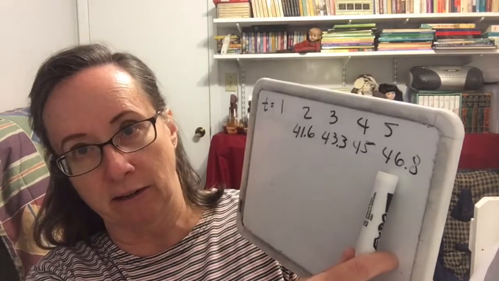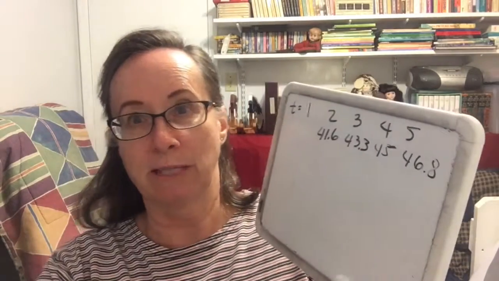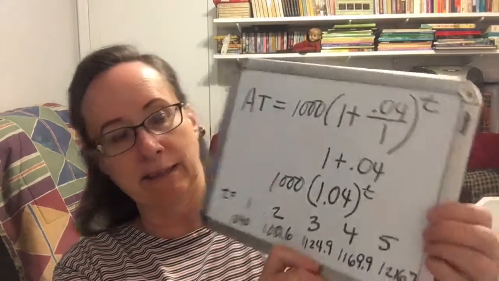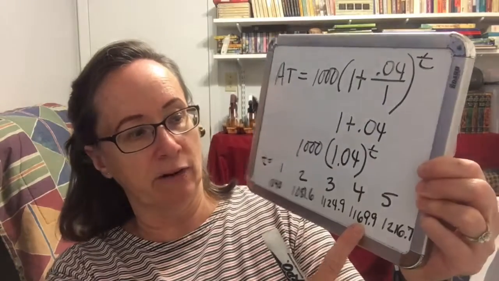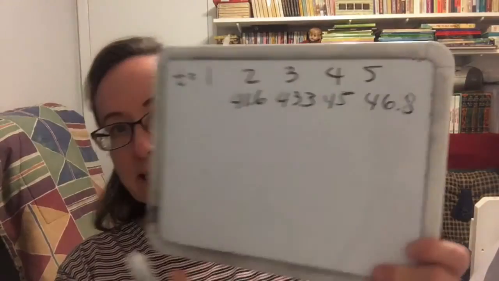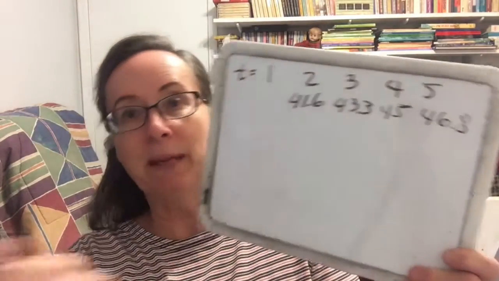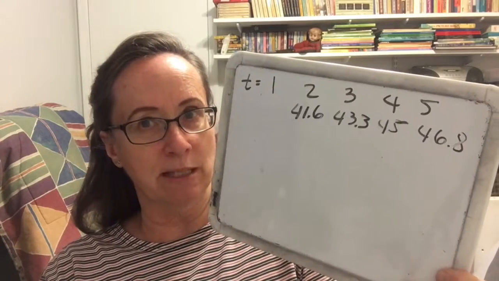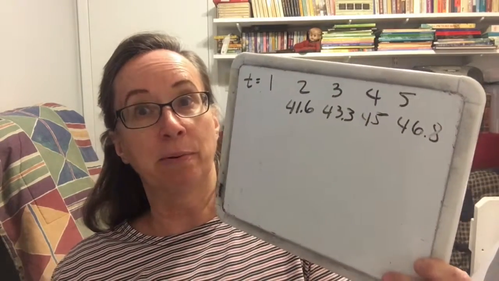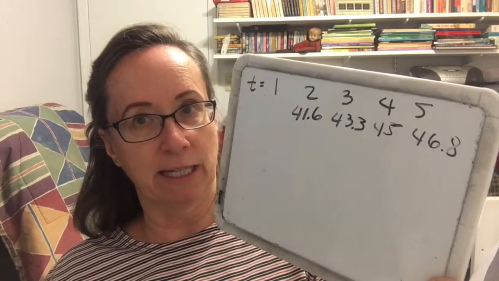So the 5th year is going to have the most interest because I'm just subtracting the value at the end of the 5th year from the value at the end of the 4th year. And each time I do that, notice that the interest is increasing because the account is building. So even though I have the same amount of interest rate, the principal is growing every year. So it makes sense that it will be the 5th year, and it is.